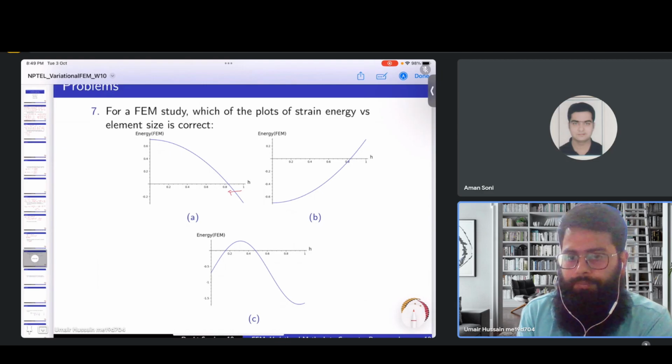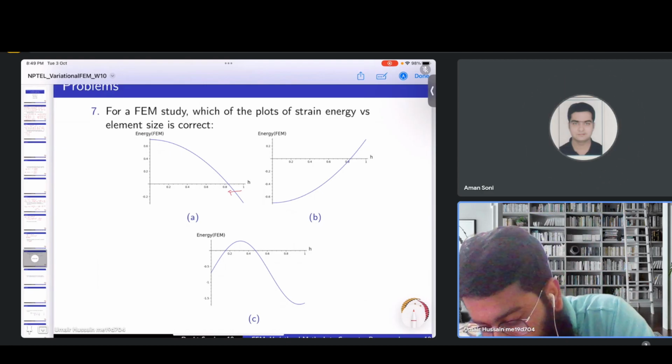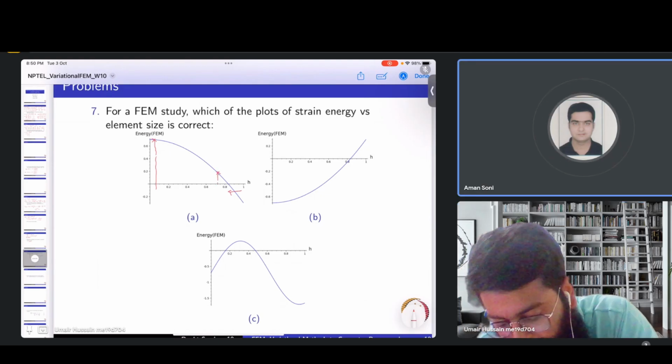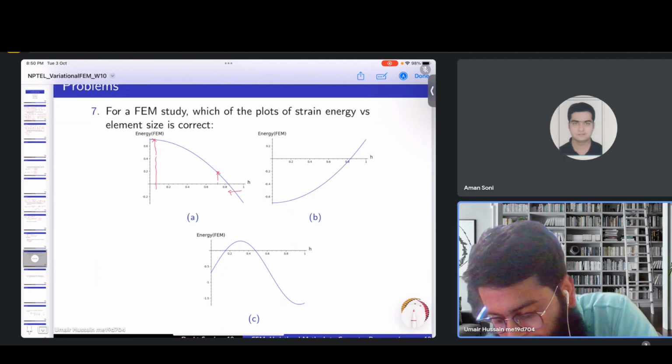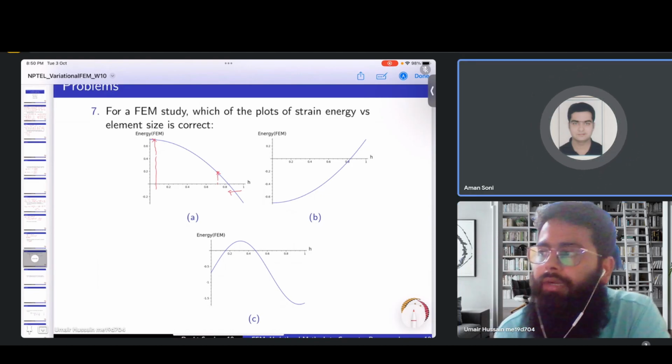With a coarser mesh, we are far from our exact solution, and our energy is low. But with a finer mesh, we are close to our exact solution. Suppose we have the exact solution somewhere here. This is our exact solution. So that means for our FEM solution here, the energy predicted was less than the exact solution. Is that right? But is that true?